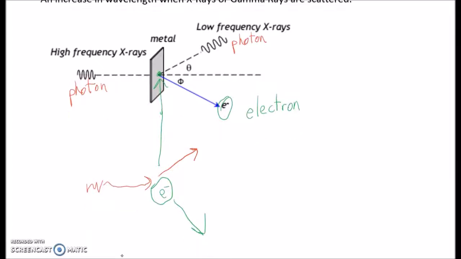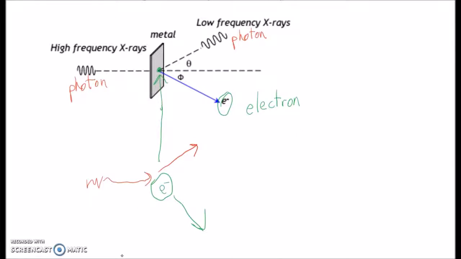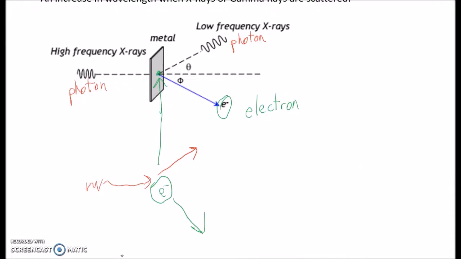So this is simply a plastic collision. Basically you're finding the energy of this electron and of this photon, and you're making sure that all the energy in the total system is equal to the energy at the beginning.